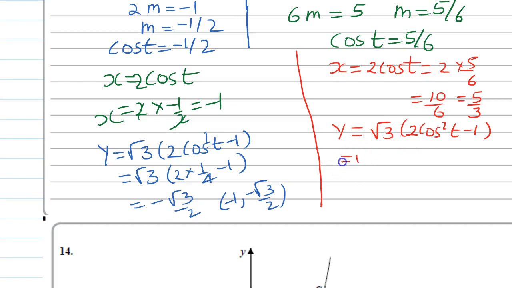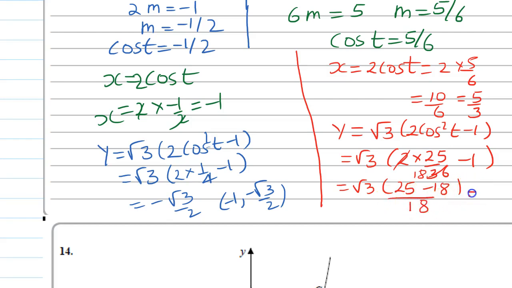If we simplify this and put the cos t value, that is 5 by 6, it will be 2 times 25 over 36 minus 1, and it will be root 3 times 25 minus 18 over 18, so it will be 7 root 3 over 18.